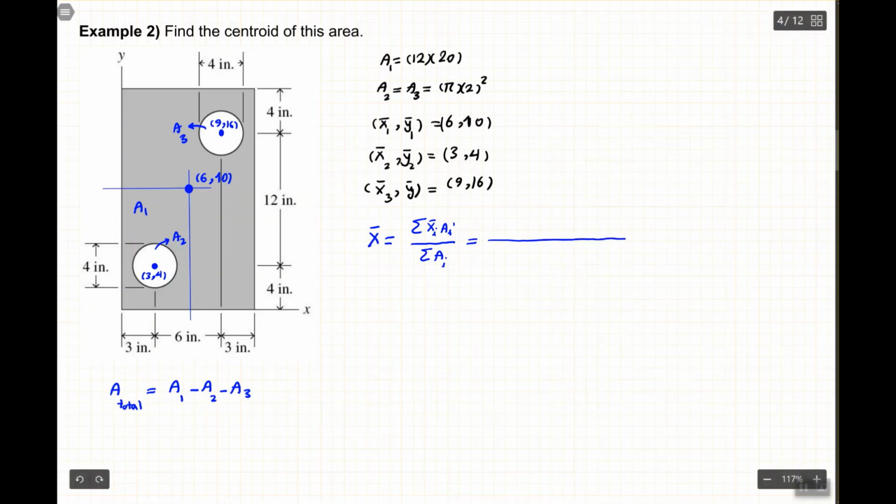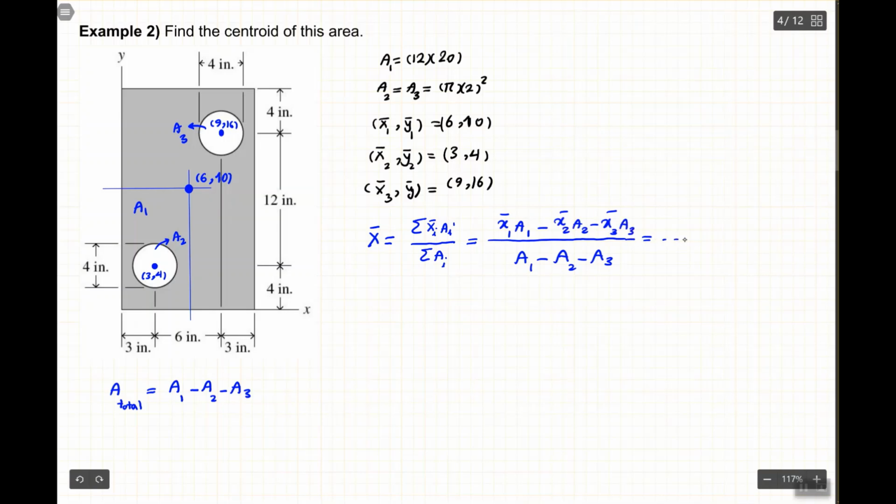So in other words, when I'm putting them there, here is A1 minus A2 minus A3, and similarly here we just write down x bar 1 A1, x bar 2 A2, and x bar 3 A3, but we have to be careful that they are negative, so it is x bar 2 A2 minus x bar 3 A3.